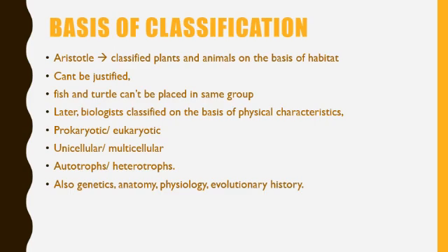In modern world, organisms are classified on the basis of physiology, genetics, anatomy, and evolutionary history. Let's discuss what these characters are.